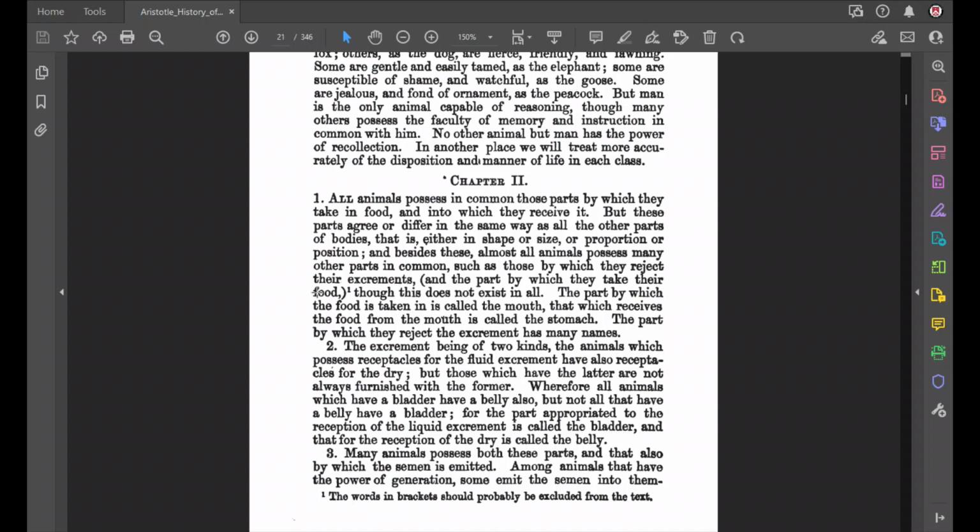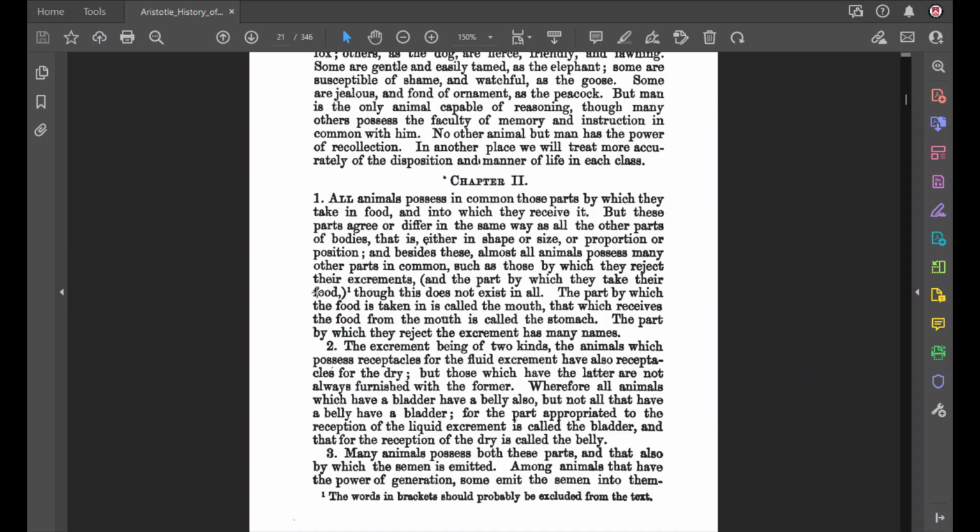Those which have receptacles for the fluid are not always furnished with the former. I'm sorry, I got that backwards. Those which have the receptacles for dry waste do not all have receptacles for liquid or fluid waste.